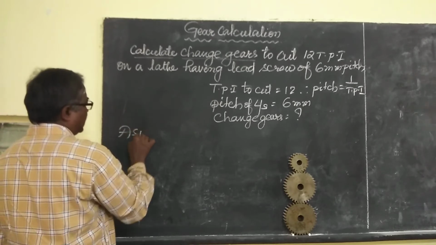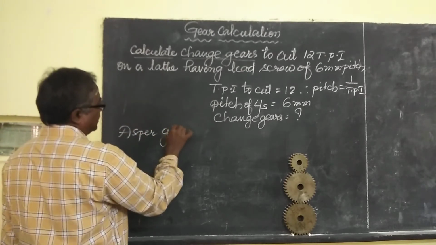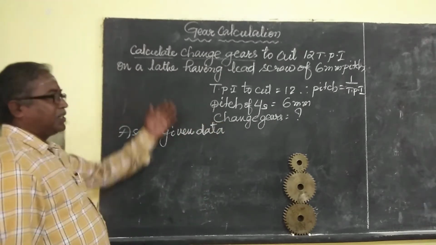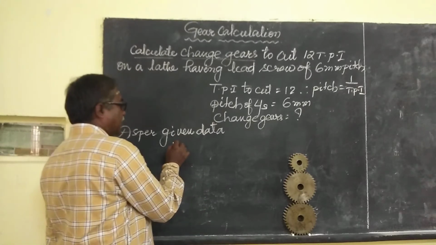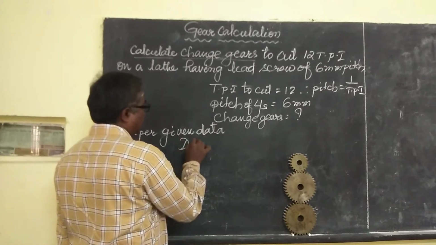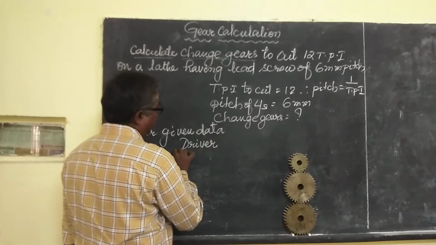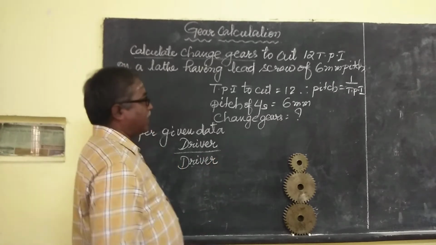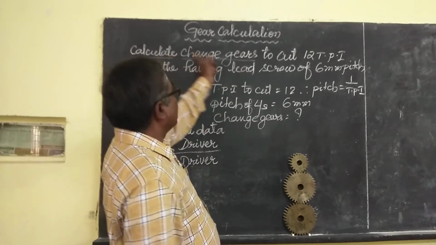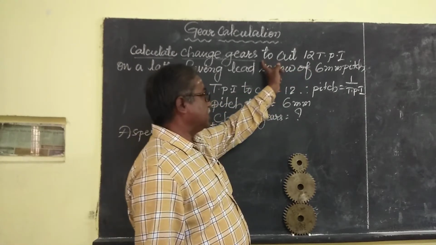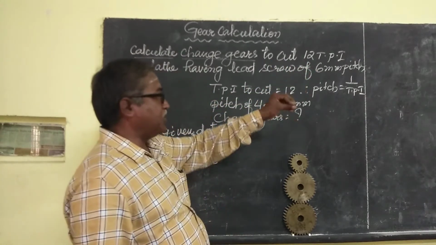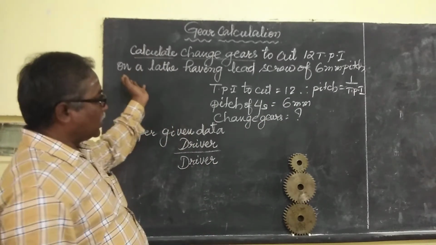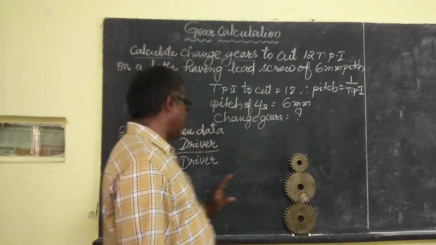As per the given data, now driver by driven. Who is the driver? The job to cut 12 TPI is the driver, that is the chuck. The job is held in the chuck or in between centers, whatever it may be. So the lead screw is driven.